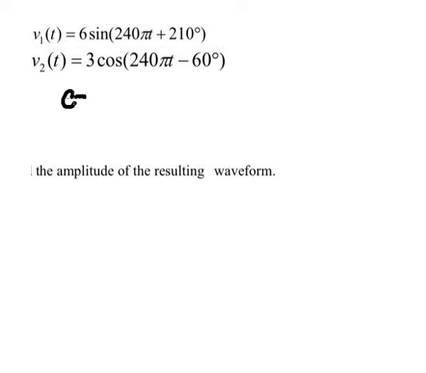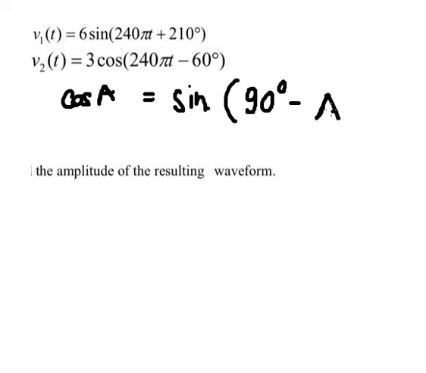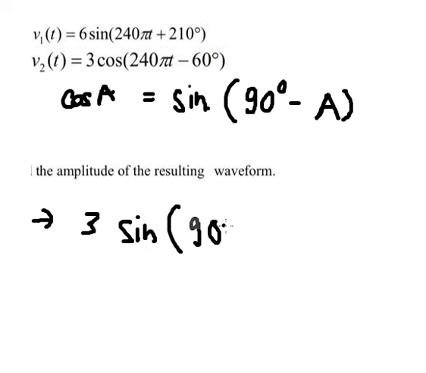So I will have cosine θ equals sine of 90 degrees minus θ. This is the technique to transform cosine into sine. And this one, we will have sine of 90 degrees minus this one.